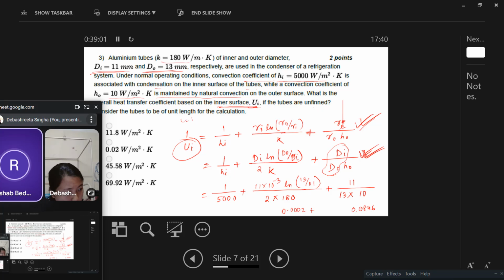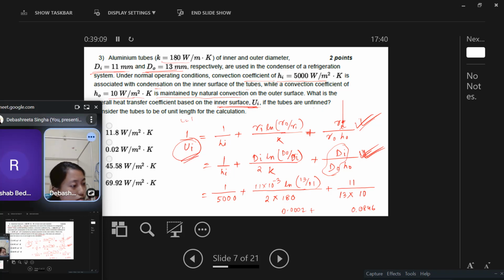0.084. Sorry. So you have to find out Ui, not 1 by Ui. They have asked to find out the overall heat transfer coefficient, not the resistance.